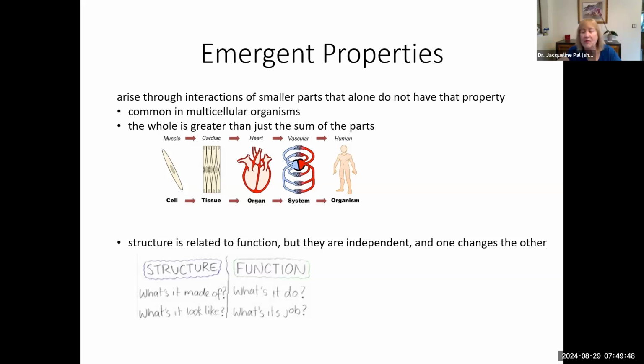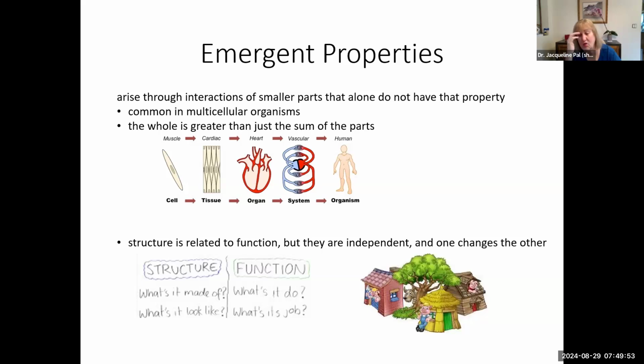And you started learning about this way back when you were kids, with the 3 little pigs and their straw house and the wood house and the brick house, and how the big bad wolf came along and could blow down the straw house, and the winds could blow down the wood house, but neither could affect the brick house. Well, that's because they didn't have earthquakes, because we know an earthquake could break down the brick house. Okay. So different structures have different functions.